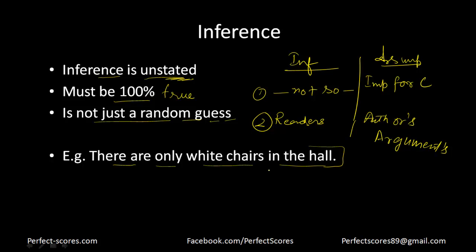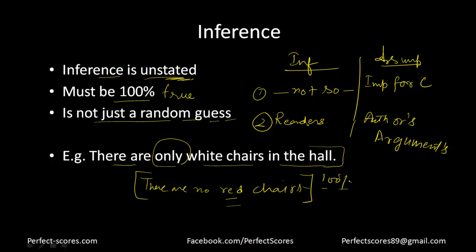What would be an inference is that there are no red chairs in the hall, or there are no yellow chairs, there are no green chairs, there are no black chairs. How do we know that we are 100% sure? Because of this word only. So all this information is not mentioned, but at the same time it is 100% correct and it is unstated and it's not a random guess.